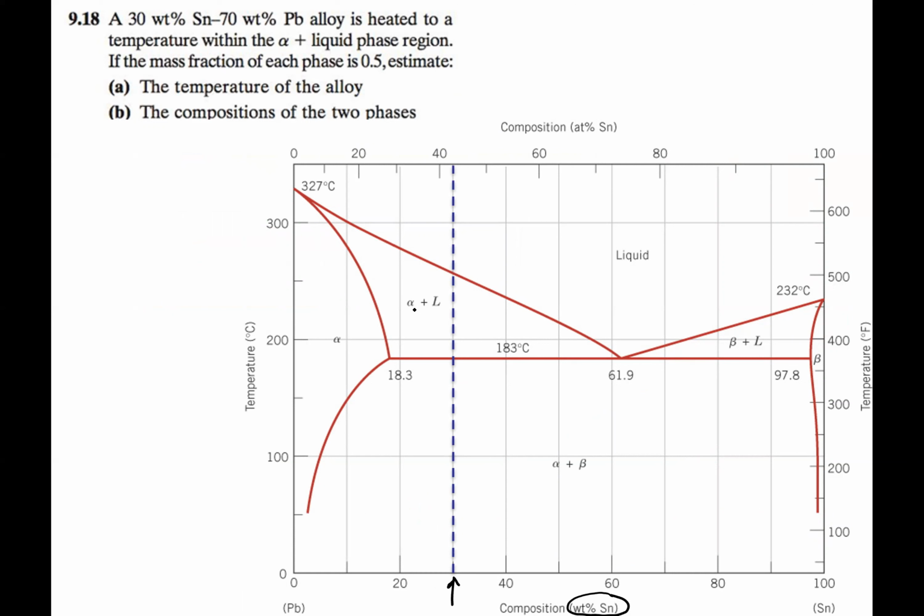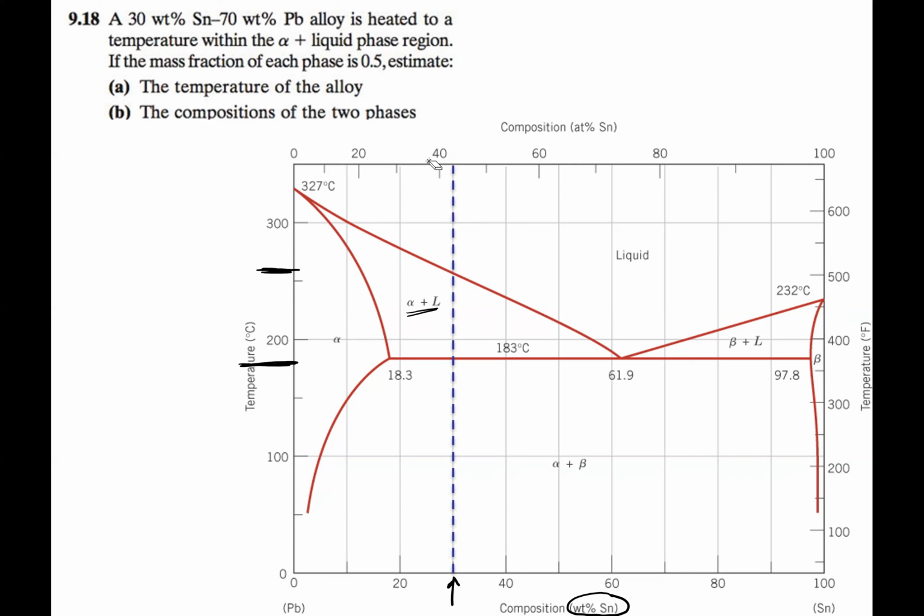All right, so my alpha liquid phase region is here. So it means my temperature then is somewhere between the 183 and about right here. That's when I would leave this alpha liquid and I'd be all liquid, say if I move up here, right? Because I have to exist on this line because that's my composition.